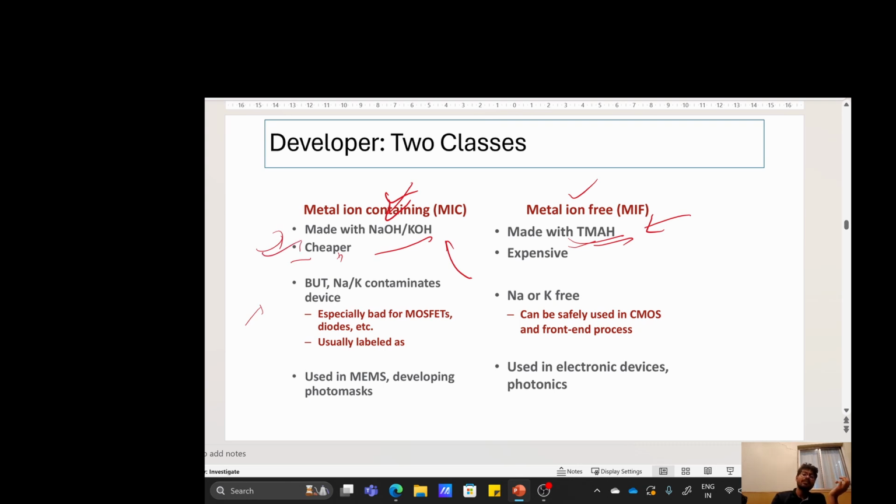So that's why we should not use metal ion containing developers for CMOS processing. We can use these kind of developers for MEMS purposes, for microfluidics structures. Otherwise not.